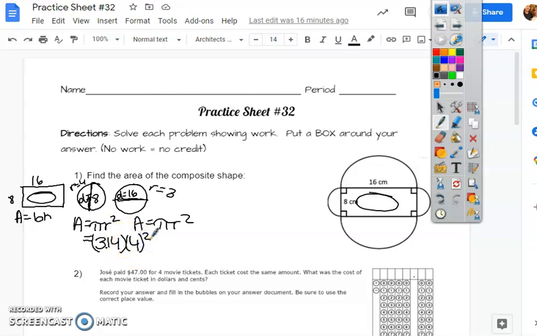So I'm going to show you this one. You're going to do this one. Okay? So remember, 3.14. Probably should have given y'all more room, but you can do it on a separate sheet. 4 squared means 4 times 4, which is 16. Okay, so you are going to multiply this one out. Okay, and that will give you this circle. You're going to do the same thing with this one.